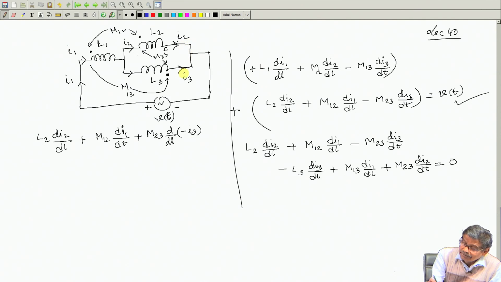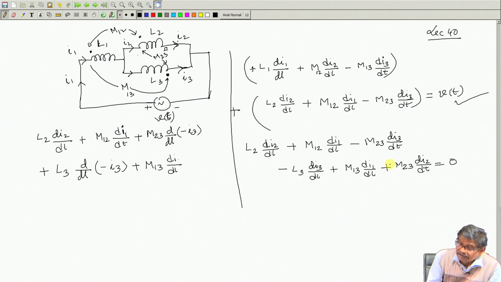Got the point? Similarly, come here. Here you imagine through the dot currents are entering. So, plus L3 d dt of minus I3, you write it. So, right hand side will be, through the dot, plus M13 dI1 dt, and through this dot it has come.